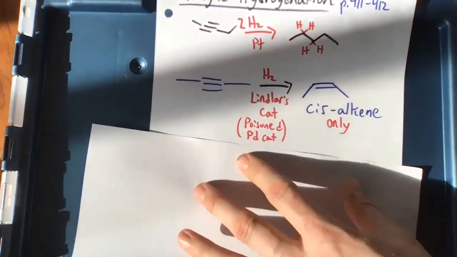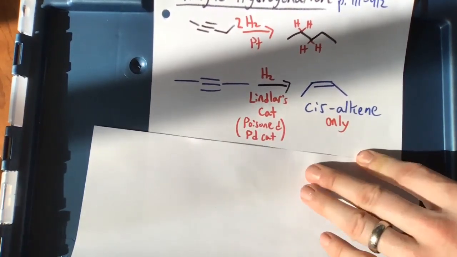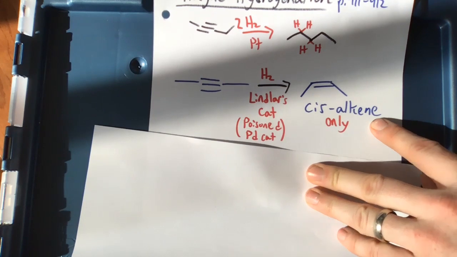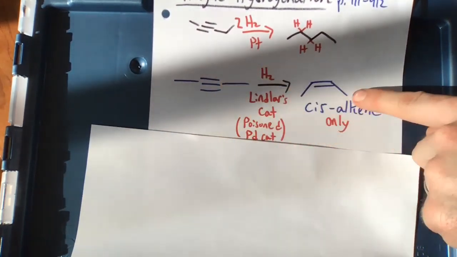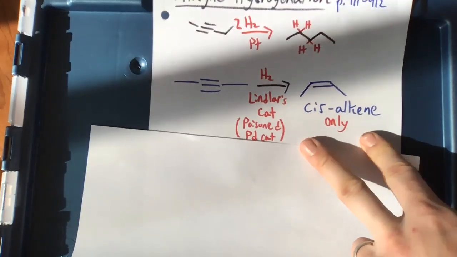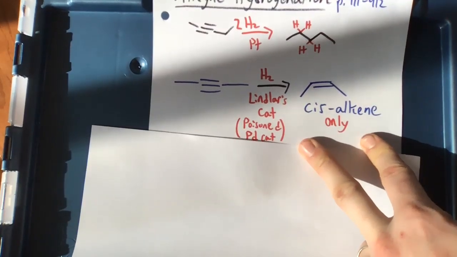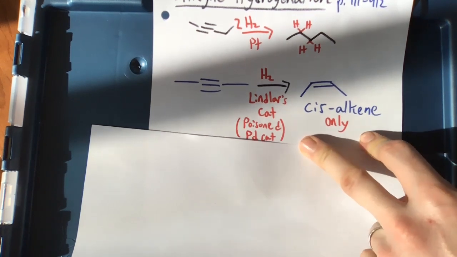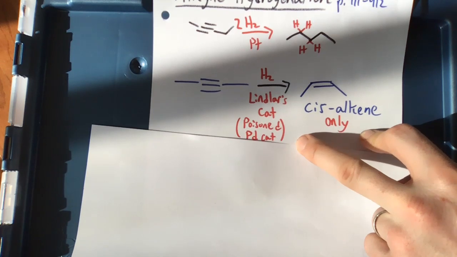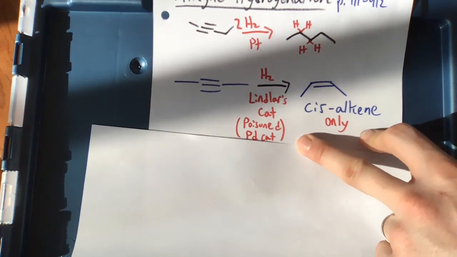What's very interesting about this reaction is that because we're talking about syn addition on the same face of the alkyne, you preferentially make the cis alkene only. The trans alkene does not get formed here due to the facial nature of this reaction.